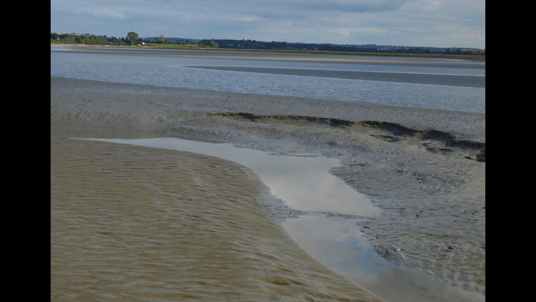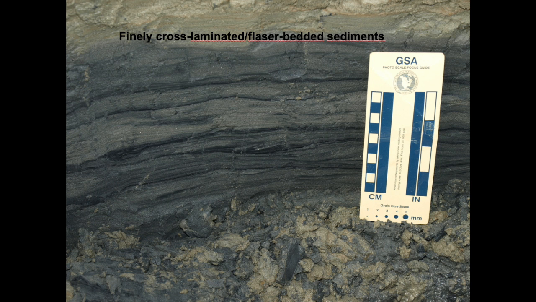Here is a close-up. You can see the ripple surfaces, the ripple marks. Now we will see these ripple marks in 2 dimensions, in sort of cross-section in 3.5 billion year old rocks. If you cut through these sediments with a spade, this is the kind of structure you see. You can see the different layers of sediments, the grey, the black, and you can see them sort of crossing over each other.